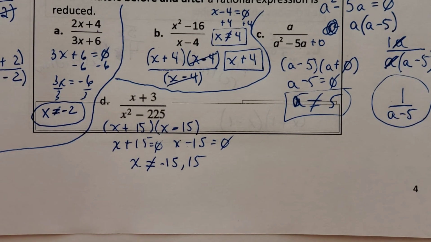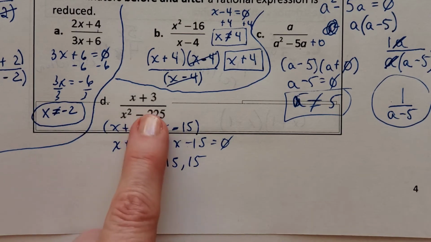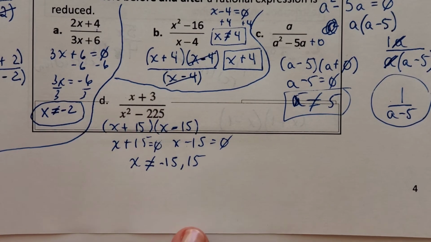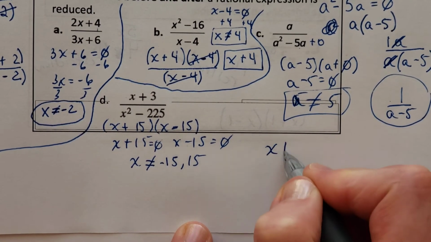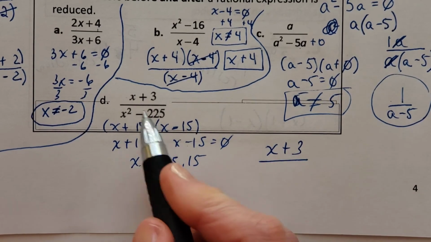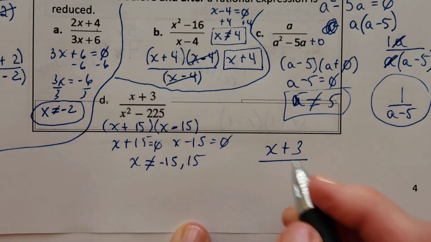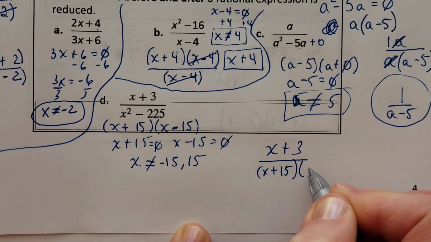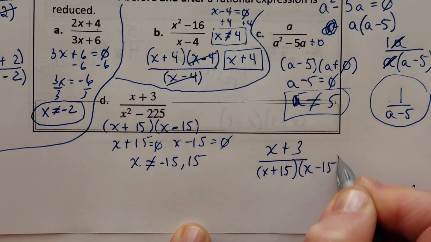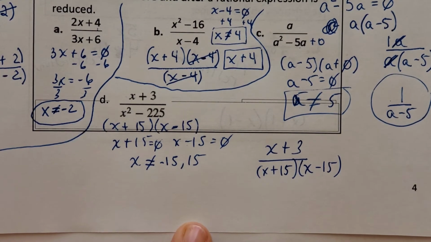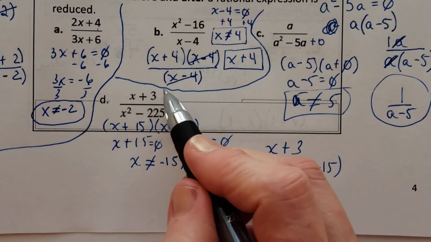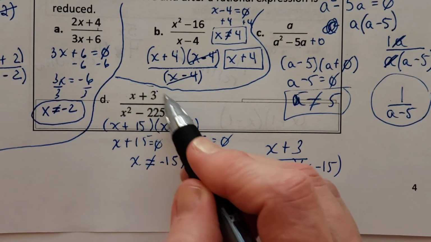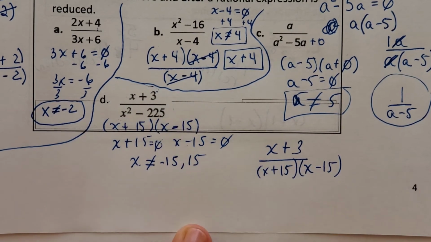All right, so now I have to see if I can reduce this. So I'm going to put x over x plus 3 over, well, I've already broken this down, haven't I? x plus 15, x minus 15. And does anything cancel? No, it does not. So this original fraction or ratio cannot be simplified.